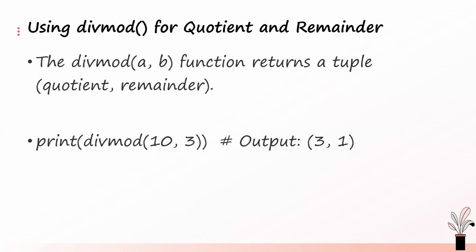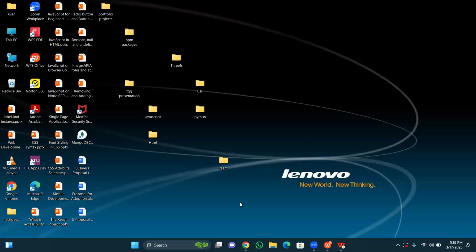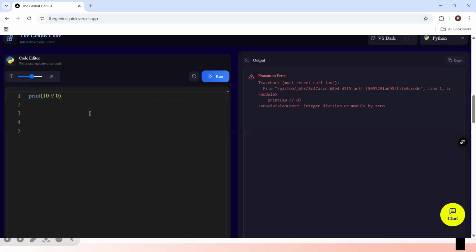If you want to use divmod, this is how you use it. I want to get both the quotient and the remainder. If you say 10 divided by 3, the answer will be 3, which is the quotient. Then the remainder will be 1.